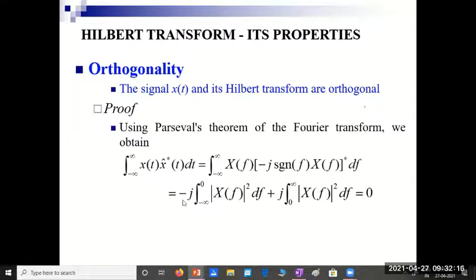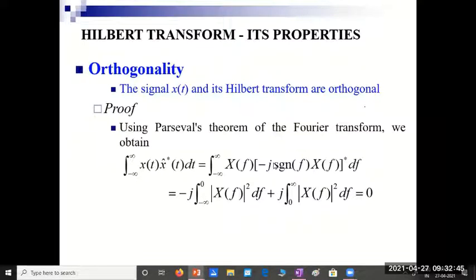This minus j we have taken outside and we have split this integral between minus infinity to 0 and 0 to infinity. Can you guess what is the reason for doing this split up? We did the same thing when we got the expression for Hilbert transform in the last class. Which function is there in the previous equation?